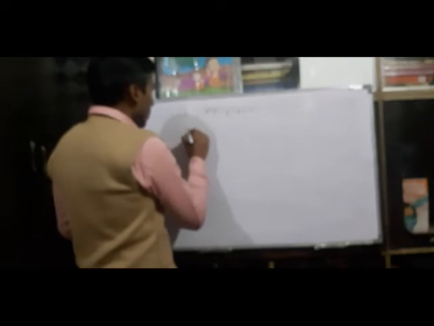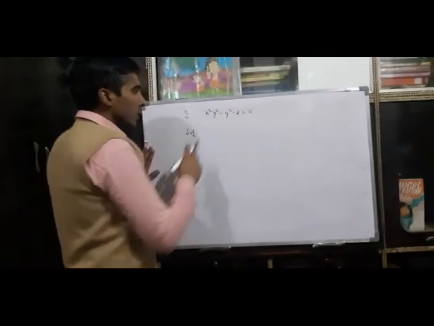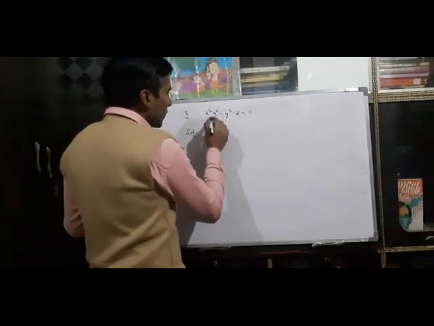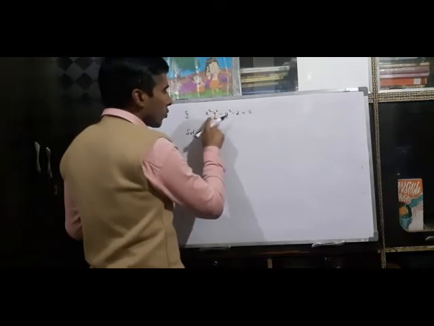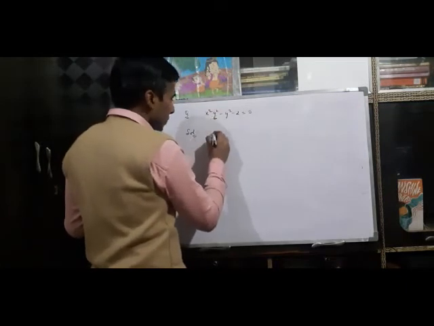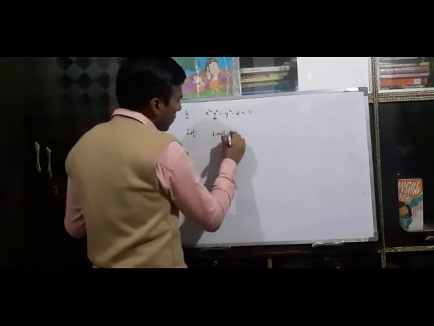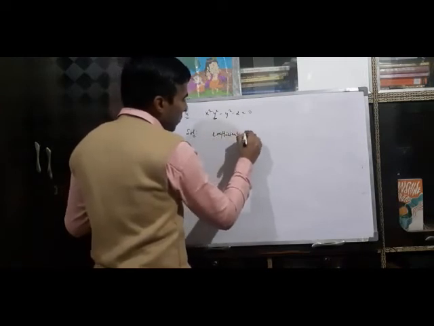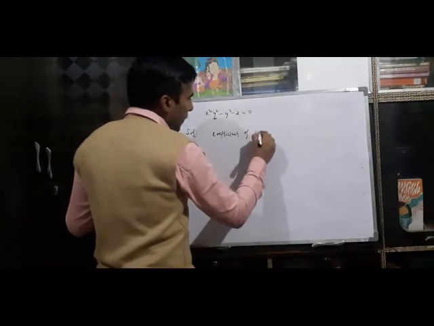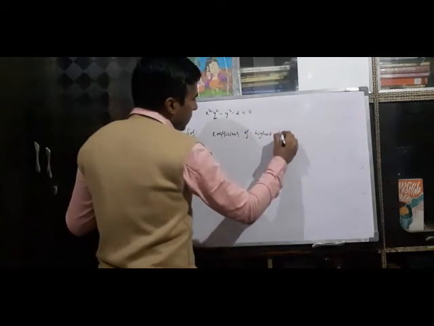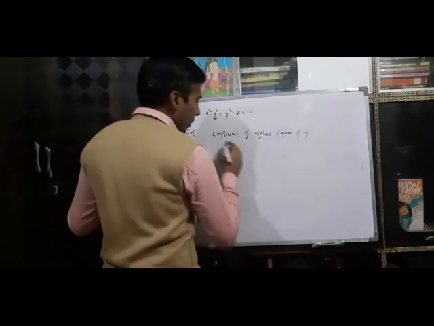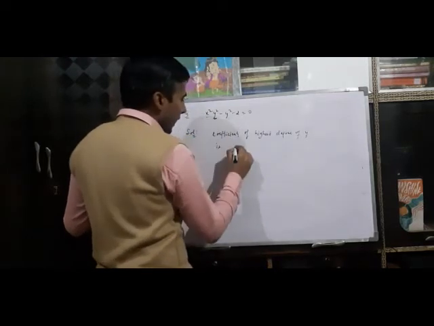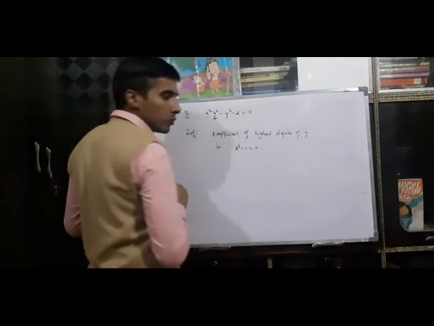So how will you determine? Here you see the highest degree of y is y square. Now the coefficient of the highest degree of y is x square minus 1 is equal to 0.